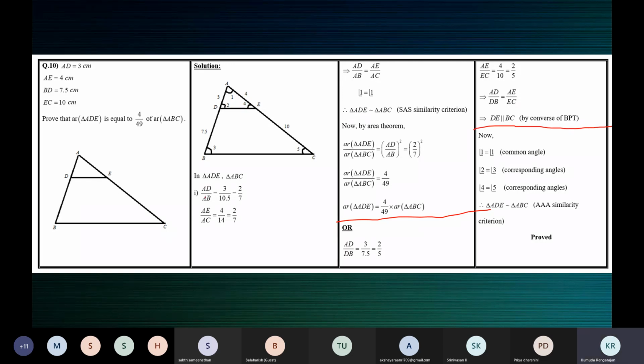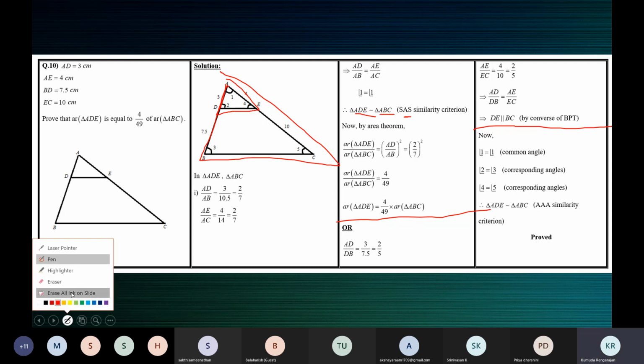So here AD by AB. If you want to prove that triangle ADE is similar to the whole triangle ABC by SAS similarity criterion, then you need to find these ratios. What ratios?